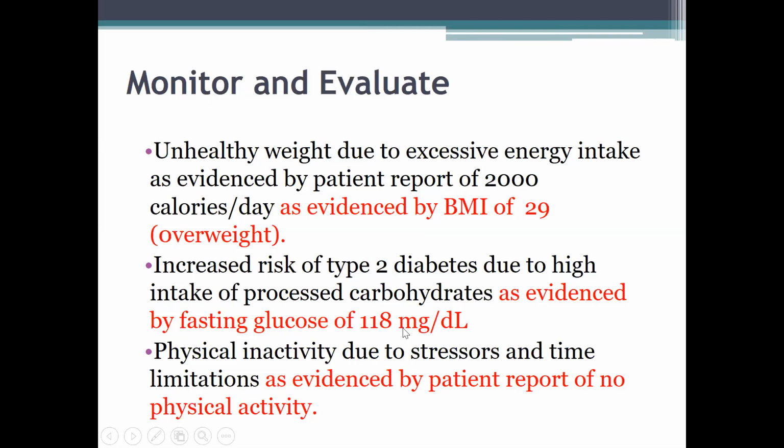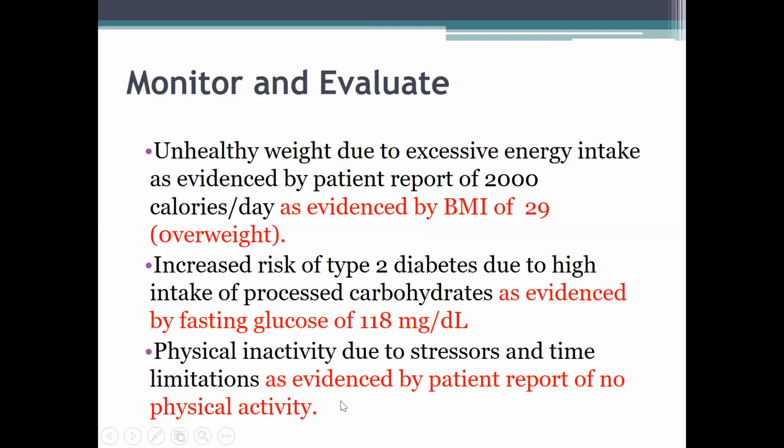Fasting blood glucose is kind of more immediate, whereas with hemoglobin A1C, you'd have to do it every 3 months, otherwise it wouldn't be very meaningful. But this is probably one that you could recheck in a month and make sure that it's under 100. And then this one, when we say it's no physical activity, this is one where we might want to use MyFitnessPal or a pedometer or an exercise journal or some type of chart.